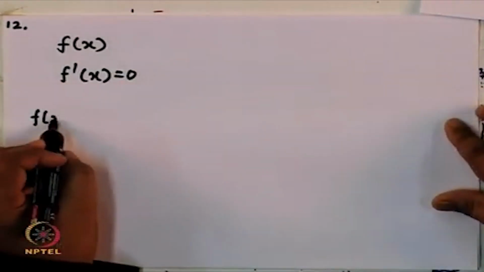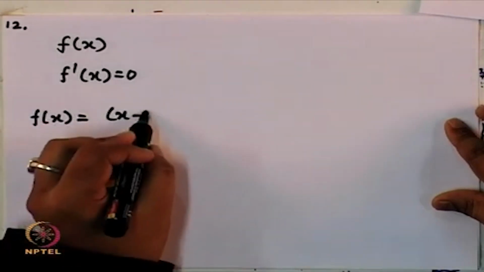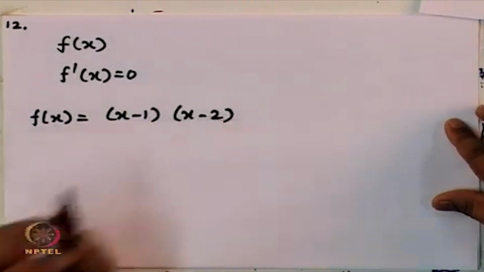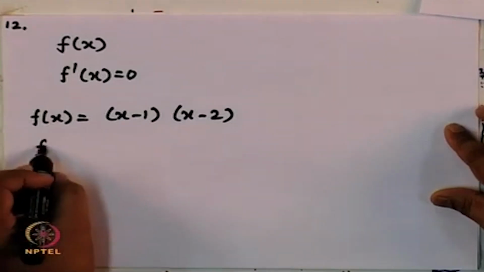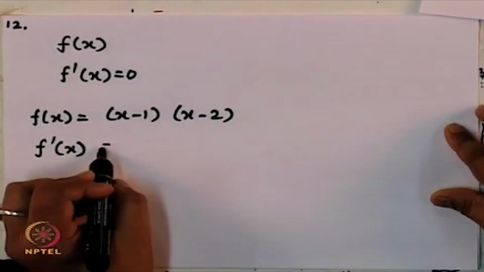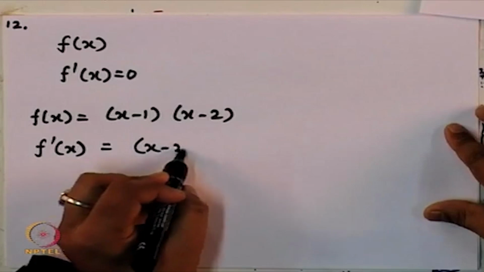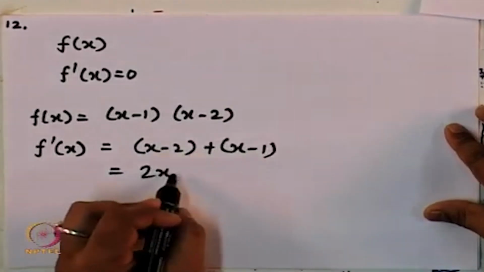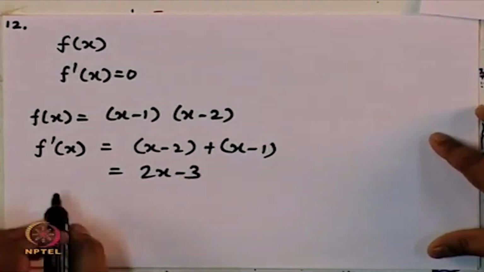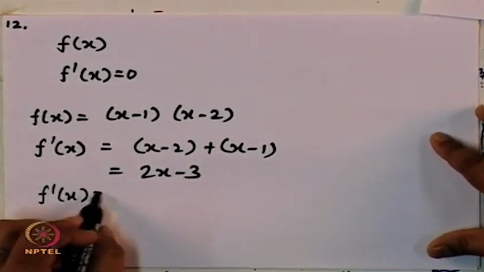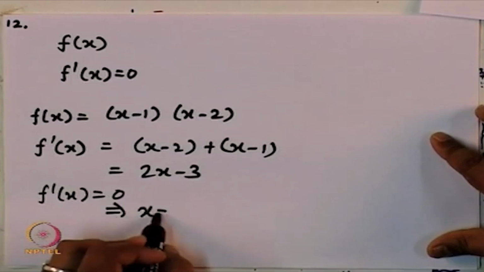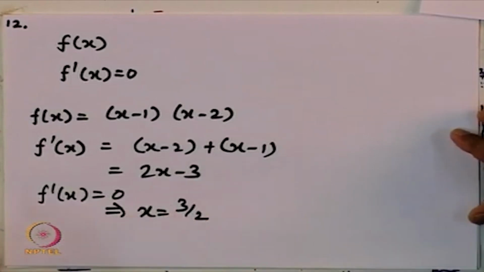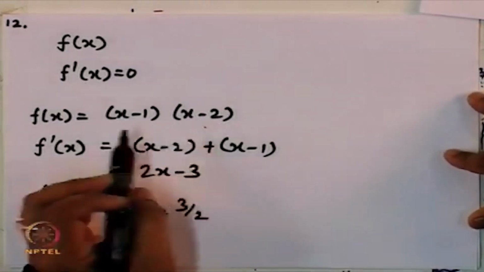Let us say f of x is equal to (x minus 1) into (x minus 2). Okay. What is the value of f prime x? It is equal to (x minus 2) plus (x minus 1), which is equal to 2x minus 3. Okay. If I set f prime of x equal to 0, then I get x equal to 3 by 2.